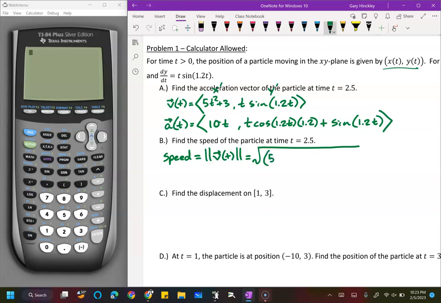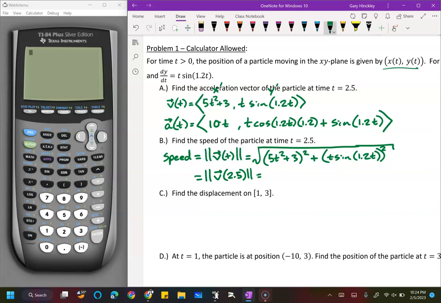So I can just say that'd be 5t squared plus 3, squared, plus t sine of 1.2t, squared. So if I want to find the speed at t equals 2.5, I would just need to plug 2.5 into our magnitude equation.